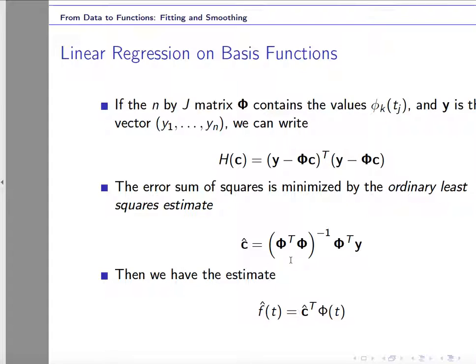Based on ordinary least squares estimation, we have c hat equal to phi transpose phi inverse phi transpose y. After we get these basis coefficients, our estimate for the function f of t is just c hat transpose times phi of t. Any questions?